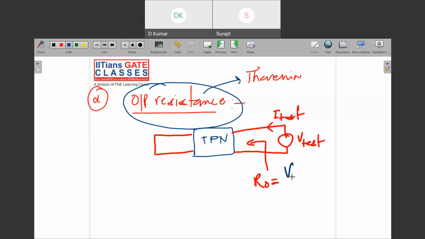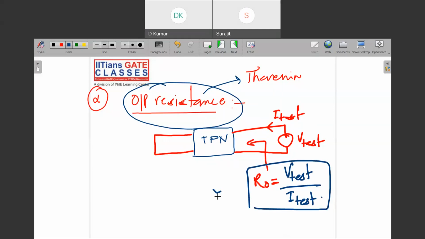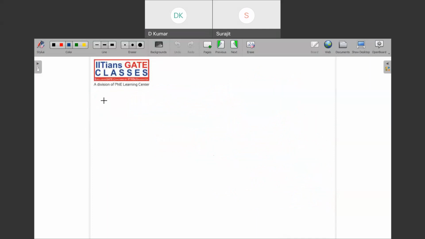So V test upon I test. So this will give you the output resistance. I hope this is clear. Or you can also put 1 volt as a test voltage and allow the current to flow, right? So there are three steps in the procedure to determine output resistance.